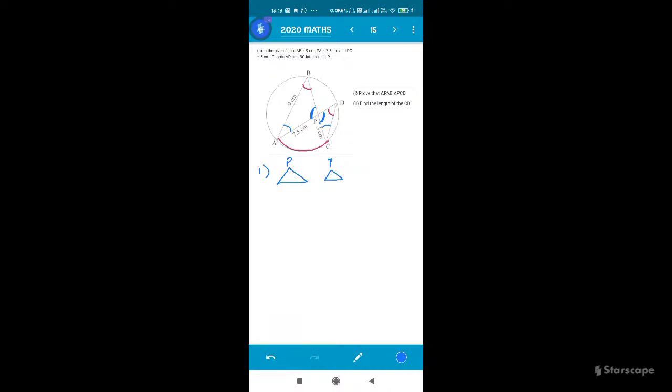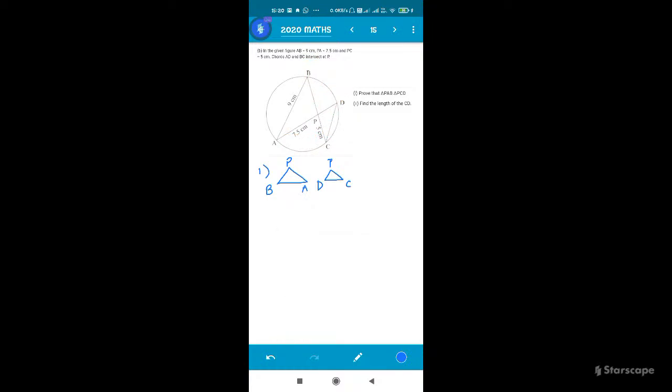Next we saw that angle B and angle D were equal, which we just saw now. So if I'm writing angle B on the left hand side of my first triangle, I will write angle D on the left hand side of my smaller triangle. In this way it becomes very easy to find out the proportionality relations. Similarly, there was another angle which is left, so A and C. So these are our two similar triangles, and now we can very easily write the proportionality relation and solve it.